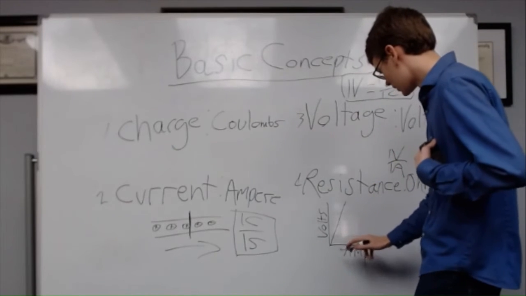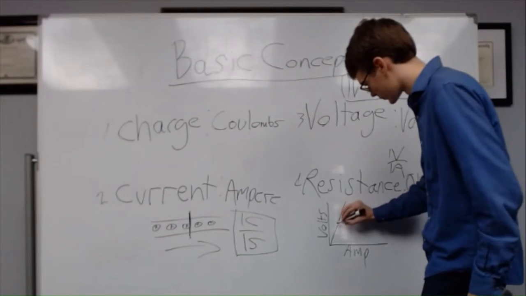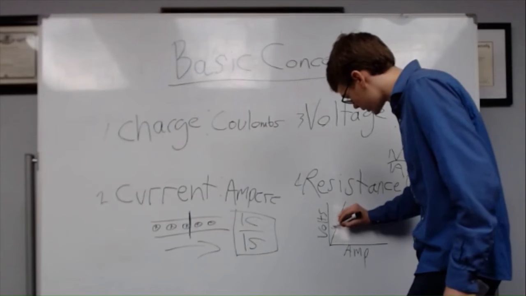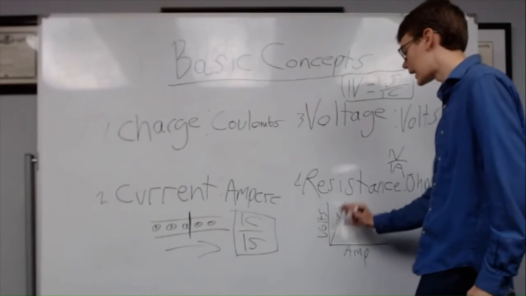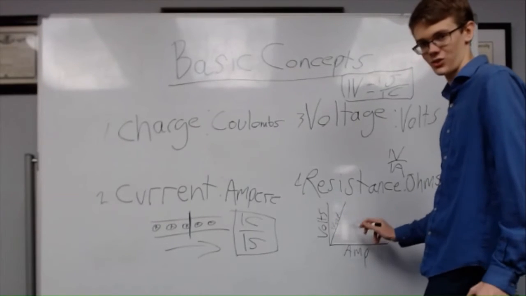So according to this graph, let's say this represents wood. It's going to take a lot of voltage in order to get just a little bit of current through.